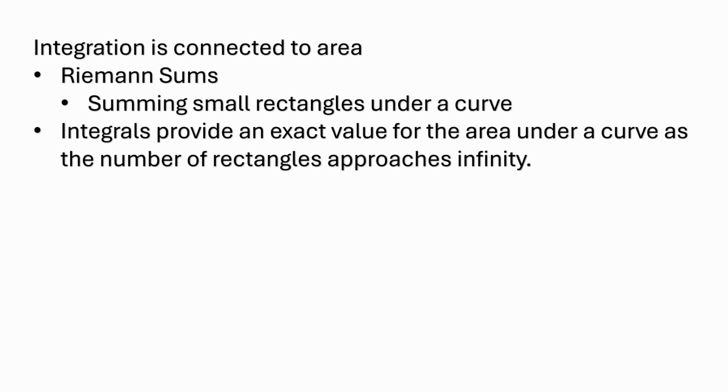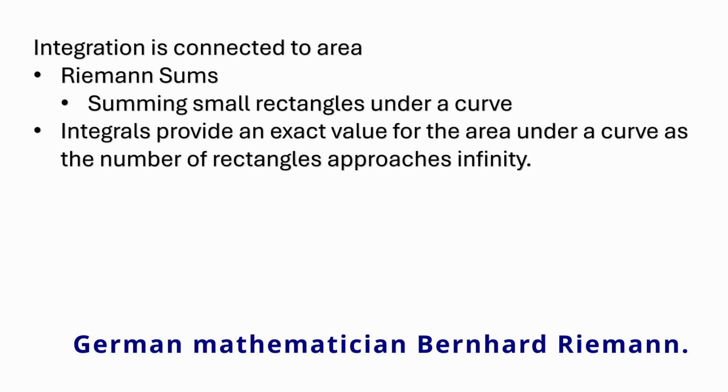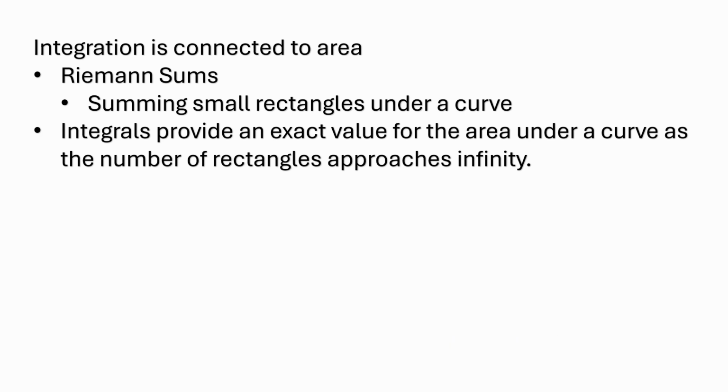There's this thing called Riemann sums, which is named after, I'm trying to remember his name now, but basically the concept here is that when you're looking at the area under a curve, you can sum a bunch of small rectangles under a curve and then approximate the area. It's easy to find the area of a rectangle.